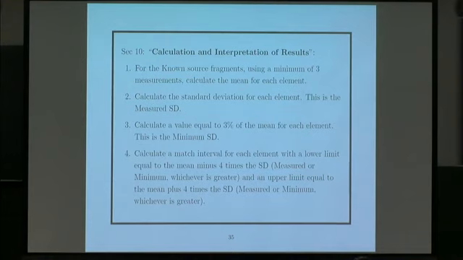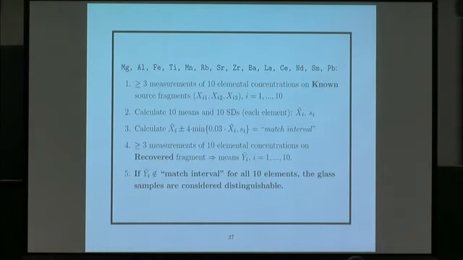So Section 10 says calculation and interpretation of results, and this is the exact wording, but I'm just going to cut to the chase. Here are the elements that are listed, and what they say is to choose at least 3 measurements of these 10 elemental concentrations on the known source fragments. I'm going to call those X's.